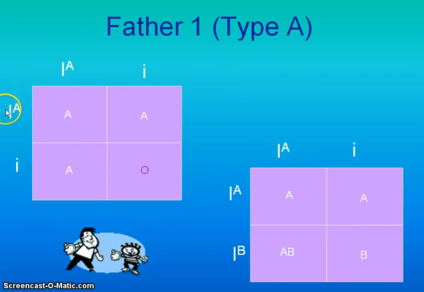Now this one, if the father's type A blood and he's heterozygous, then there is a 25% chance that their offspring could have type O blood. So this guy could be a possibility. Now if he was homozygous for A blood, meaning that he has two dominant A alleles, then this man wouldn't be a possibility either. It would have to be someone with at least one recessive allele.